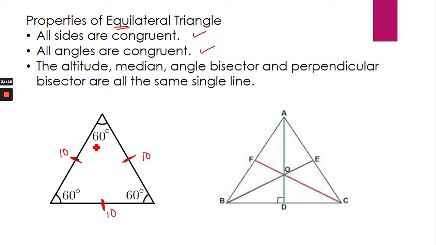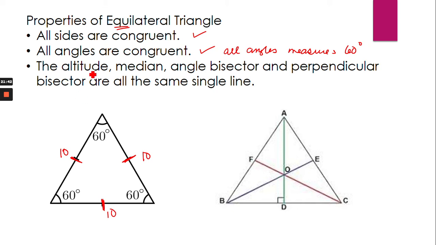If all angles are congruent, and we know that the sum of the three angles is 180, we divide 180 by 3, so all angles are 60-degree angles. So all angles are congruent, and all angles measure 60 degrees.